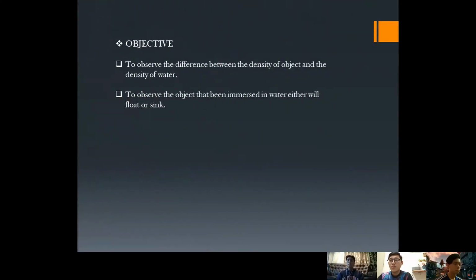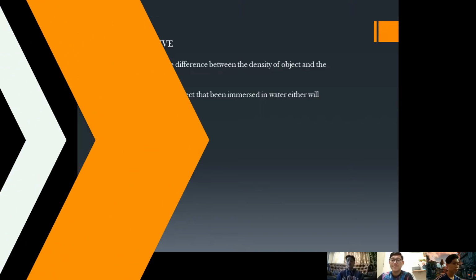For our objective in this experiment, first, we will observe the difference between the density of object and the density of water. Then, we will observe whether the object will float or sink when we immerse it in the water.